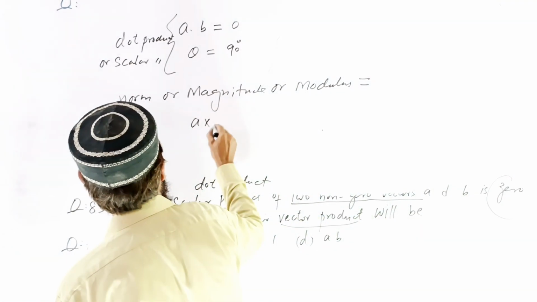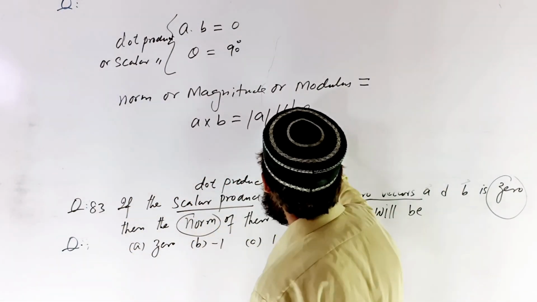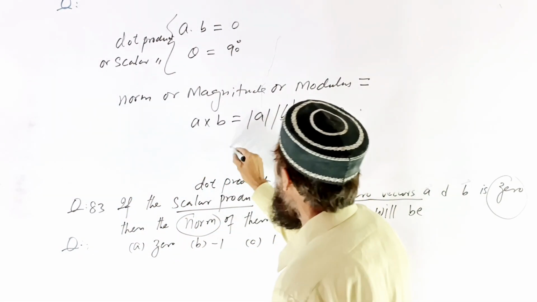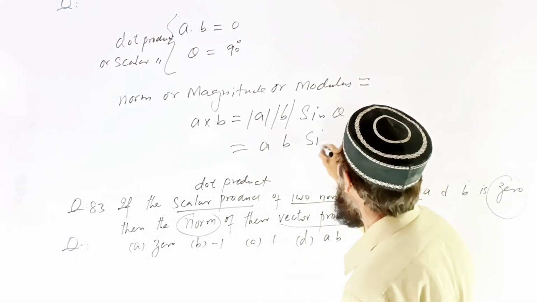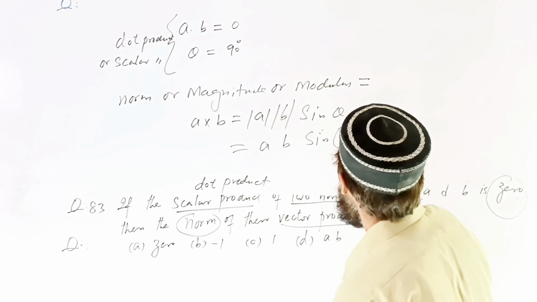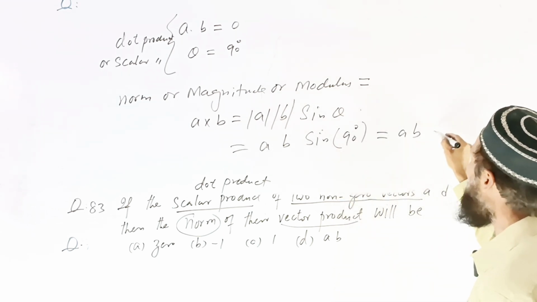The norm of the vector product A cross B is equal to the magnitude of A times the magnitude of B times sine theta. Here the magnitude of A is A and the magnitude of B is B, and theta is 90 degrees. So AB sine 90.